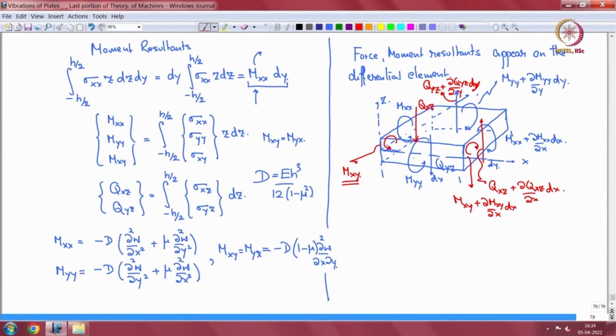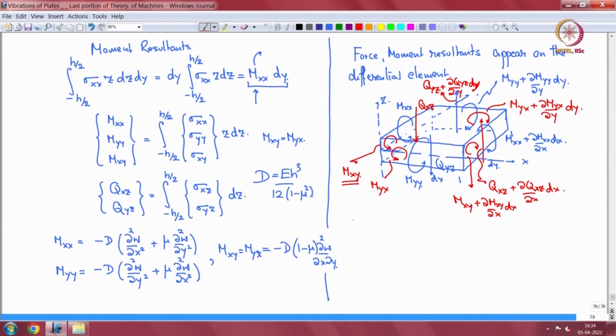Then lastly we have myx and the incremented version, myx plus del myx by del y dy. Okay, for pure bending, that is all we have.